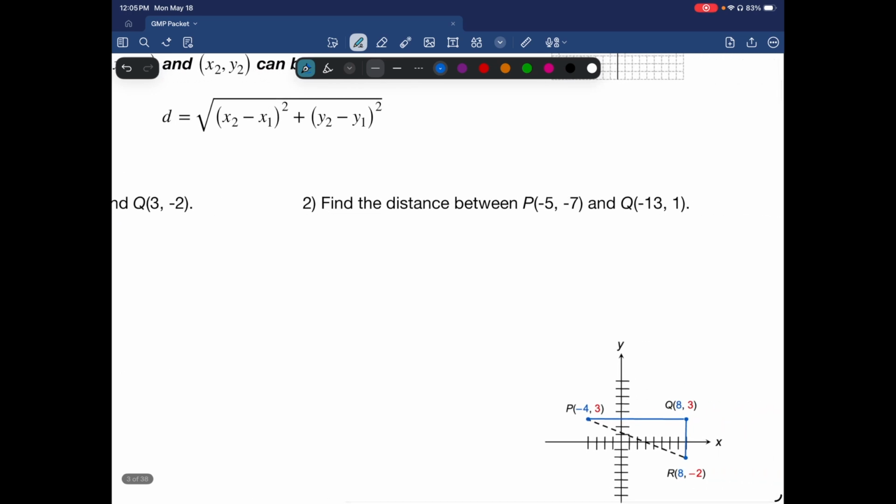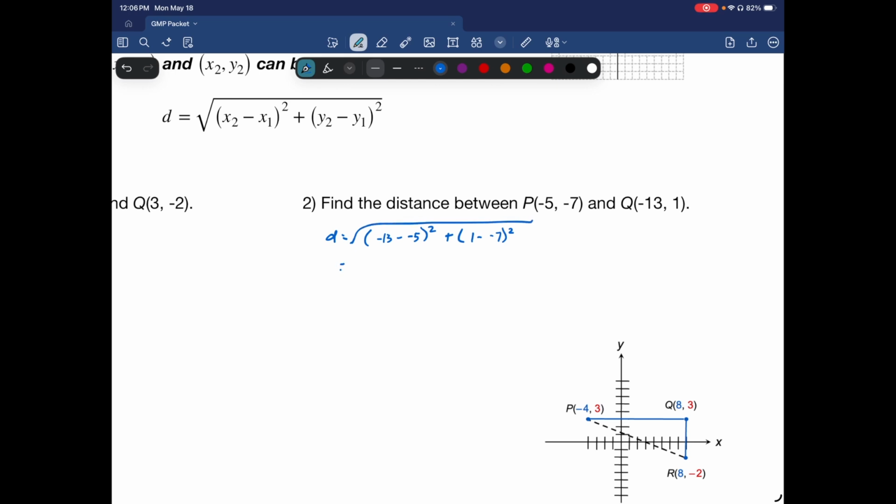All right, number 2, find the distance between these 2 points. So I got distance equals -13 minus -5 all squared plus 1 minus -7 all squared.